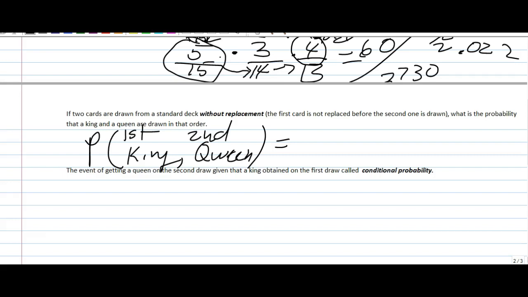So again, that makes the 2 events dependent, because it does affect the probability of what I get on the second draw, because I have 1 less card to choose from.